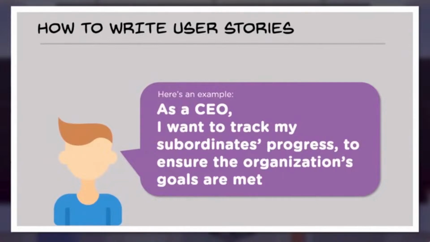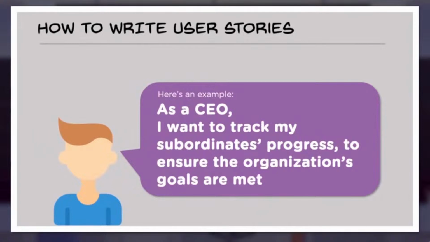Similarly, if we take reference to the examples we discussed earlier, like the HR portal claim processing requirement, this can be a user story. As an employee of this organization, I want to submit my claims online so that claim processing becomes smoother, easier, faster, without any errors.